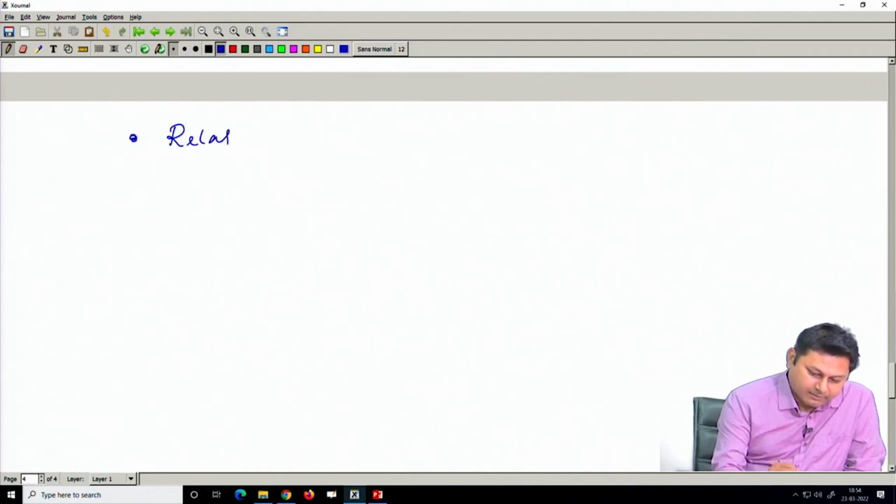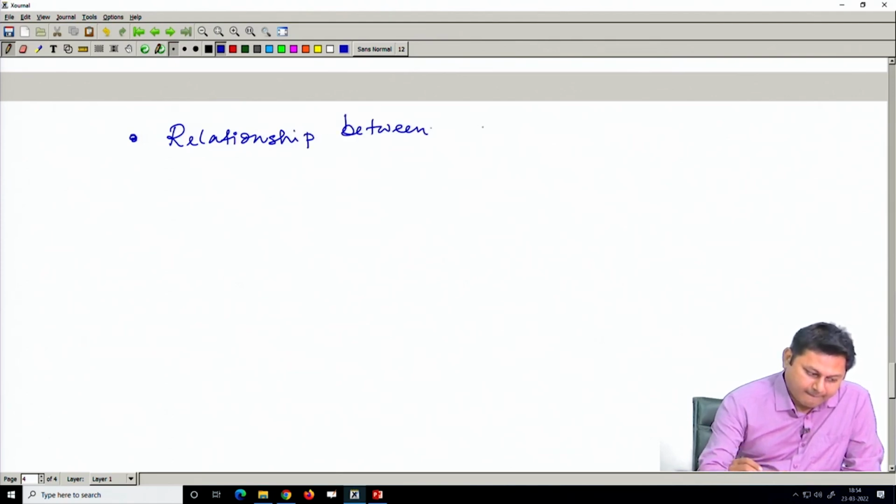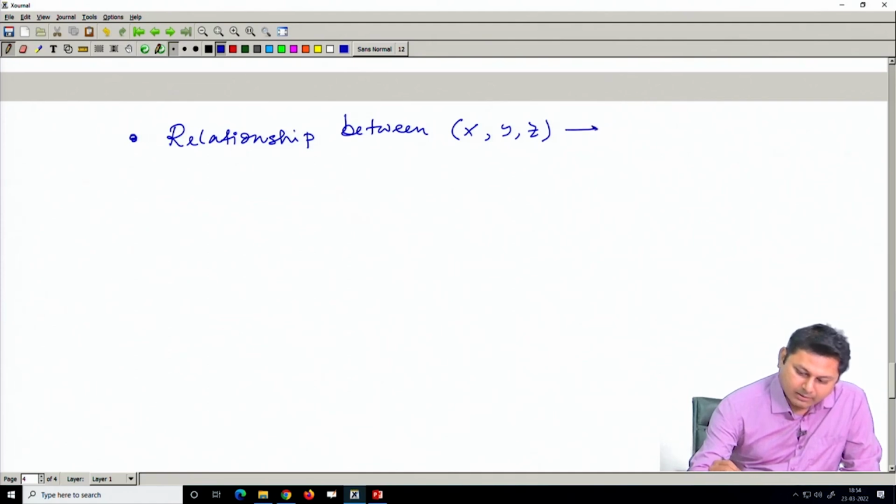So the relationship between the coordinate system x, y, z and rho phi z. What is the relation?